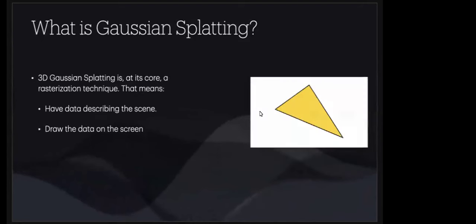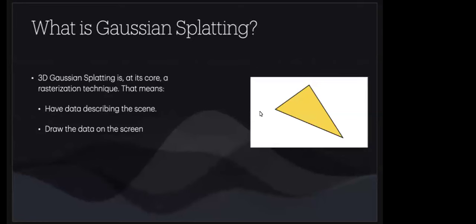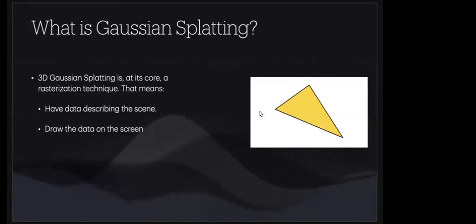So for that, you should have data which describes the scene, and you also want to draw the data on the screen as well. This is analogous to triangle rasterization in computer graphics, which is used to draw many triangles on the screen. And you must have heard about many of the rendering techniques that we use, and for that we can use data points like voxels, point clouds, etc.